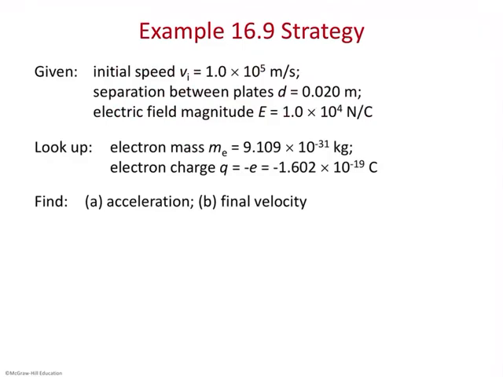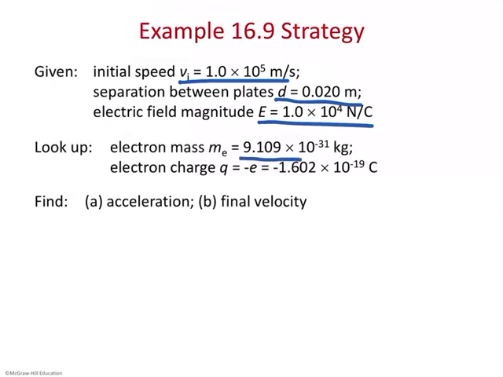Let's write some stuff of our own. Well, it already wrote. Let's see. It's giving you the initial velocity, which is 1 × 10⁵. It's telling you that the separation between the plates is 0.02 meters.